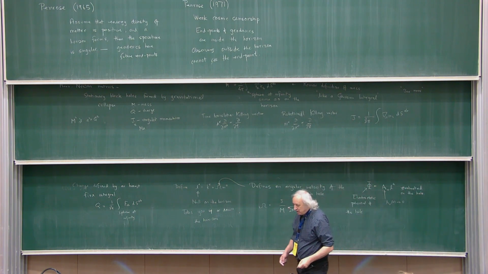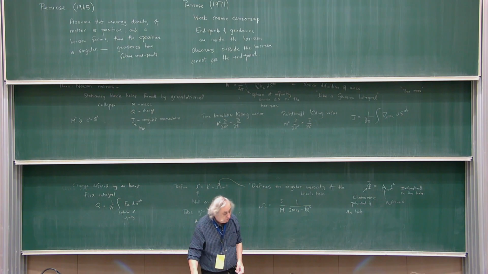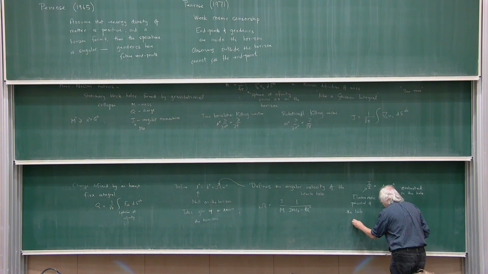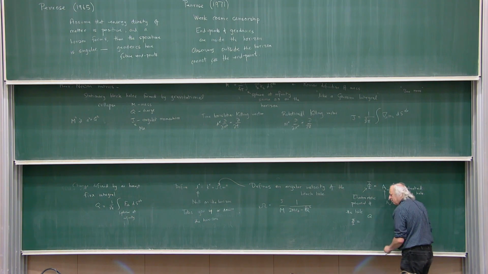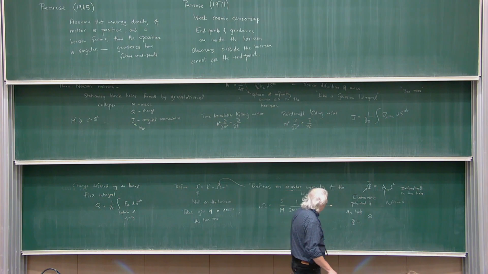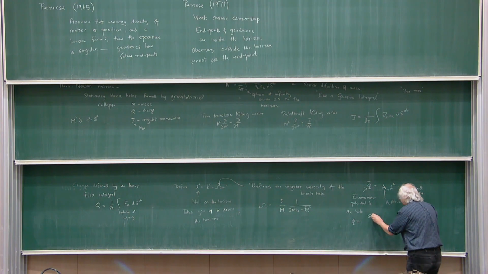Its explicit value in Kerr-Newman, I should say, is Qr_+ divided by 2Mr_+ minus Q squared.